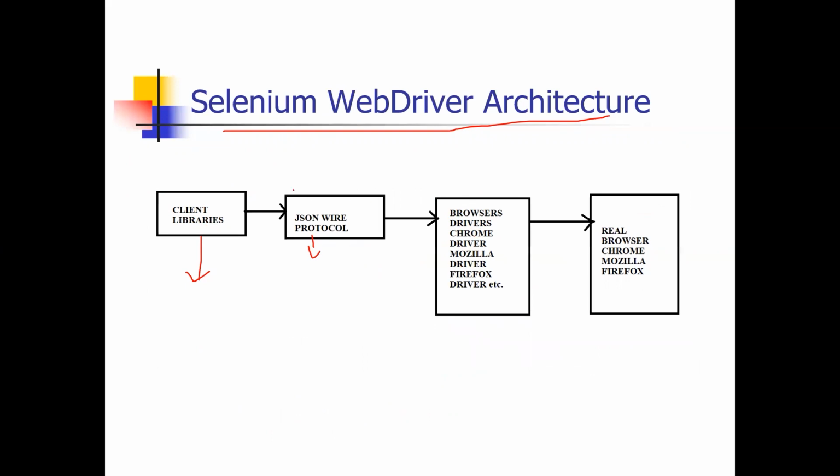If you are going to do testing for the Chrome browser, then you need to install Chrome driver. If you are doing testing for Mozilla, then you need to install Mozilla driver. For each particular browser, you need to install its particular driver. Then this is the real browser on which we are doing testing.